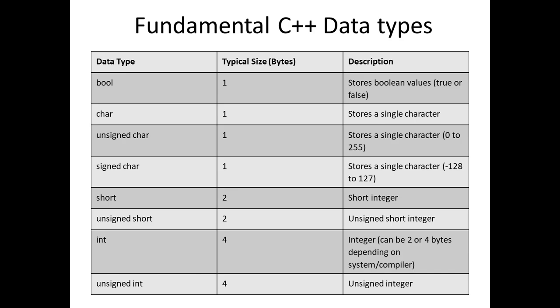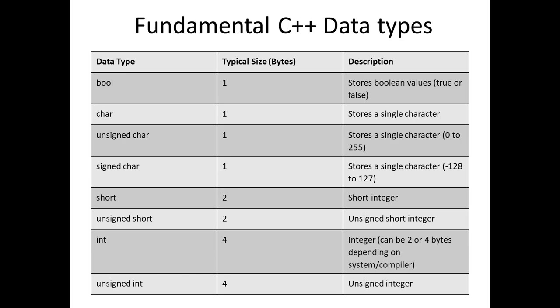You know, when we talk about character, we say it stores a single character. Yes. But somehow behind the scene, it is not really the character that it stores. Rather, it stores the ASCII value or the ASCII code for the character.